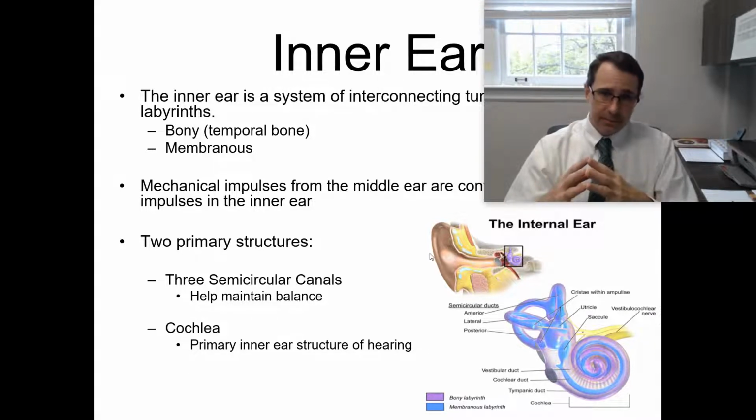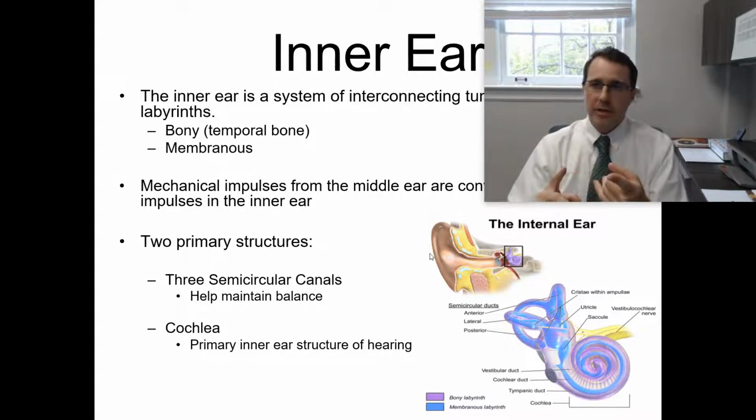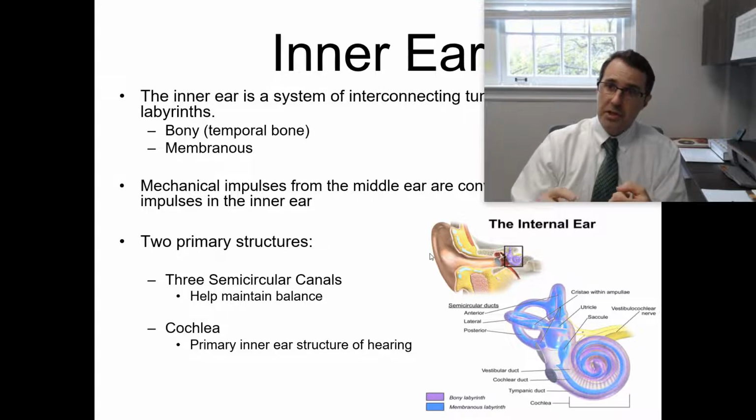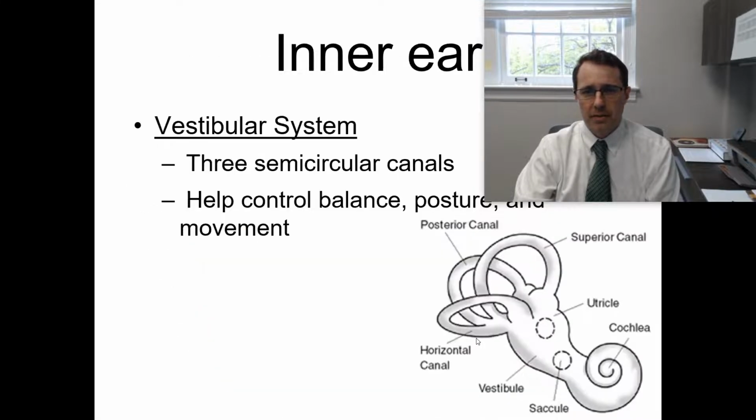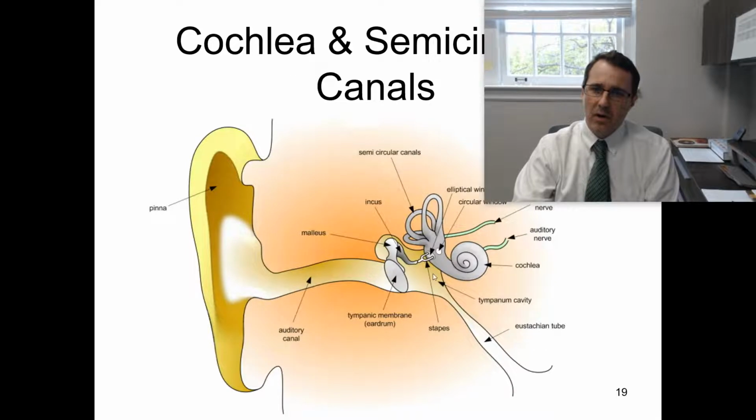You have to have an intact cochlea to hear. So the inner ear, when we refer to the inner ear, we are talking about the cochlea, which is your primary structure of hearing, and we're also talking about the semicircular canals. Semicircular canals are these three loops that come off of the cochlea.